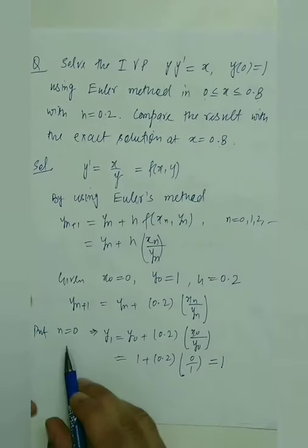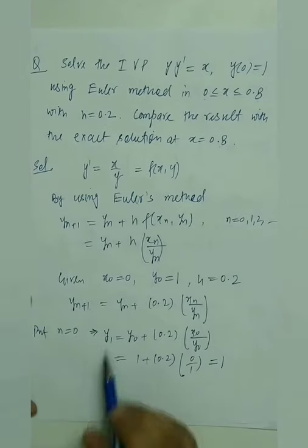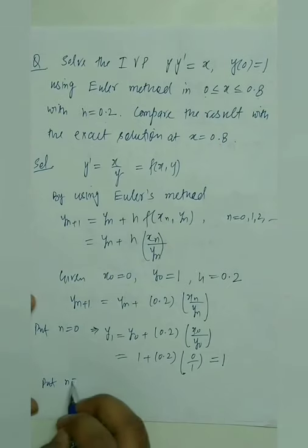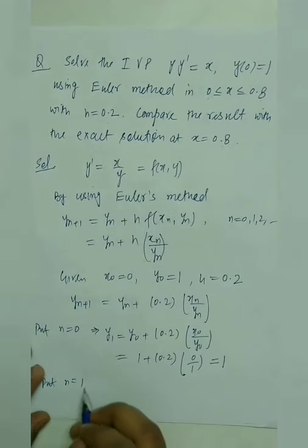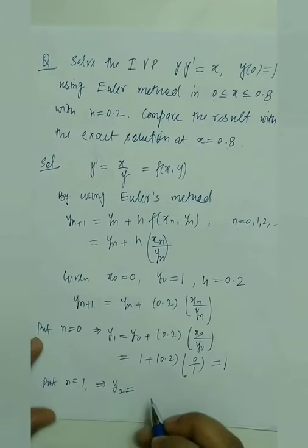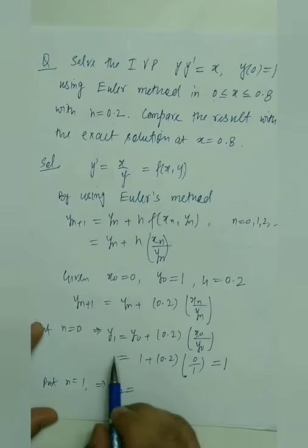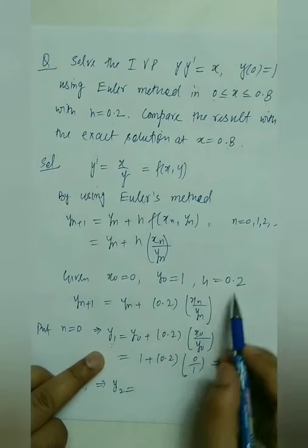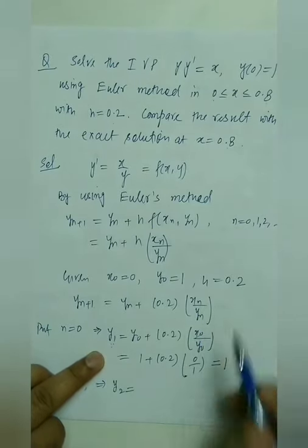Similarly, we can put n equal to 1 to find y2. Since we found y1, y1 means the value of y at 0.2.